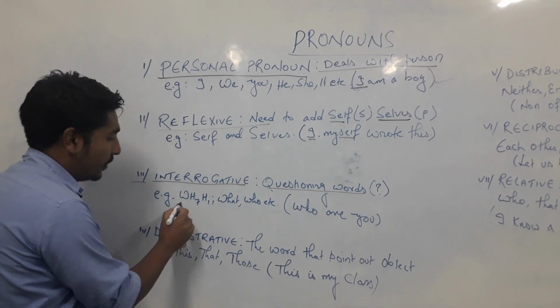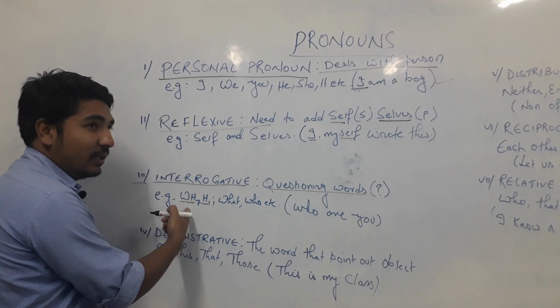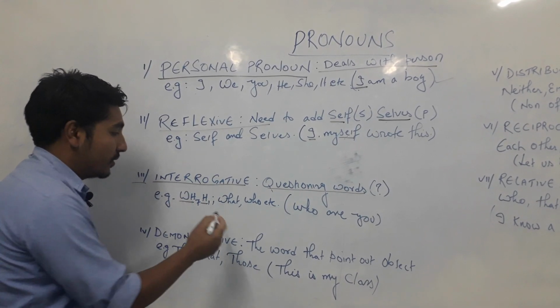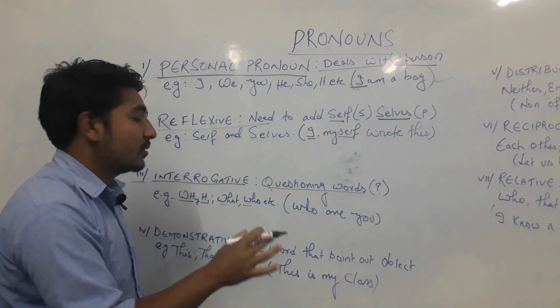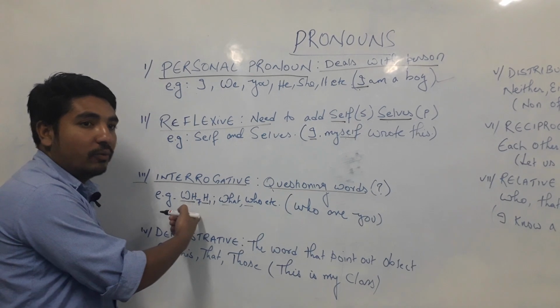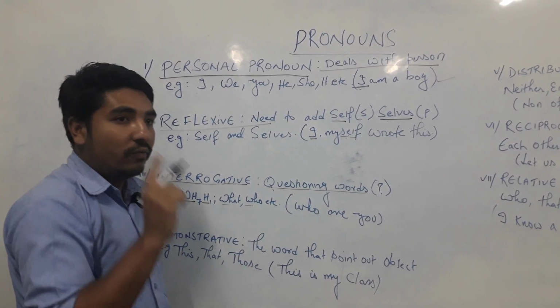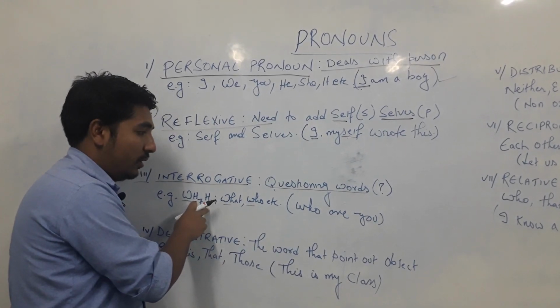You can see here WH7 H1 means you can see the questioning words in English. WH, see, you can count like what, who, which, where, why. You can just count it. There will be 7 WH questioning words, and H1, that is how. Only one H, that is starting from H, that is how. You can just see it.